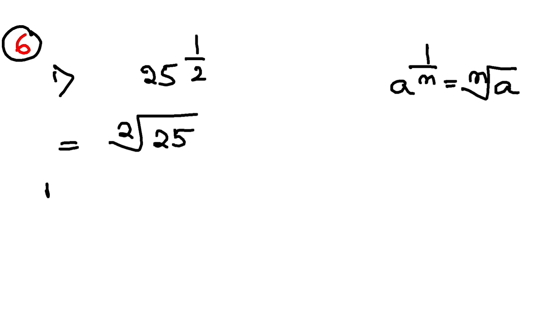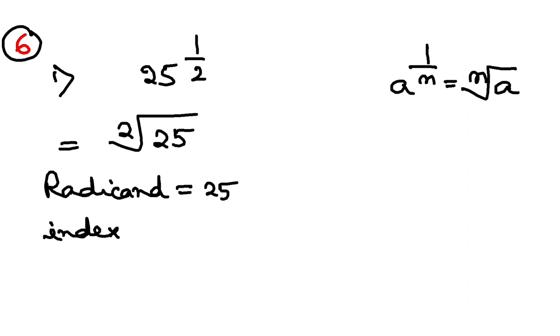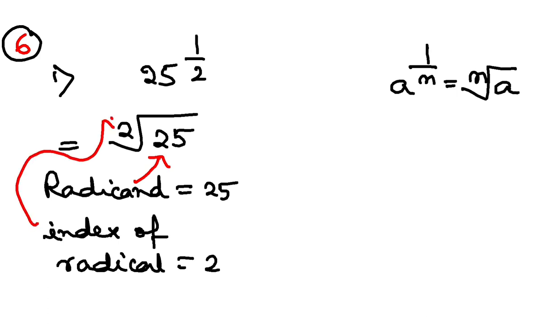So my radicand is 25 and the index of the radical is 2. So this is the radicand and this is the index of the radical, right?